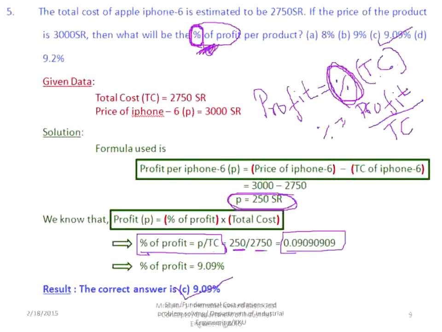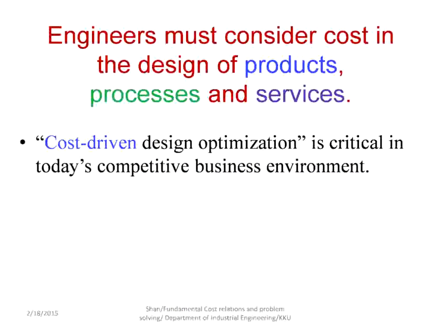In chapter 2 and chapter 3, slowly you will get into problems in specific areas like time value of money, project evaluations, depreciations. All these things will come in the future chapters. In the first chapter, in fundamental cost relations, this much problems is enough. Now let's see the next slide.